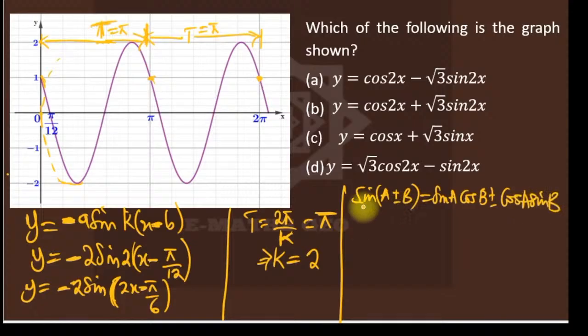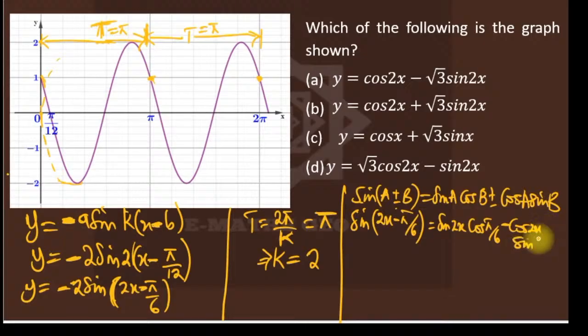We'll check sine of 2x minus pi over 6. So now A is 2x and B is pi over 6. We have minus here, so we use minus. So plus for plus, minus for minus.